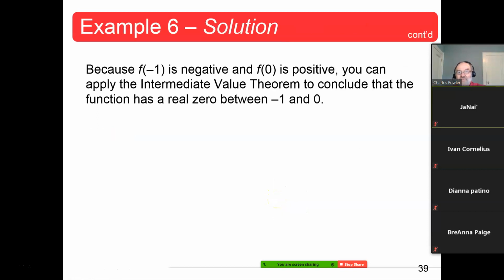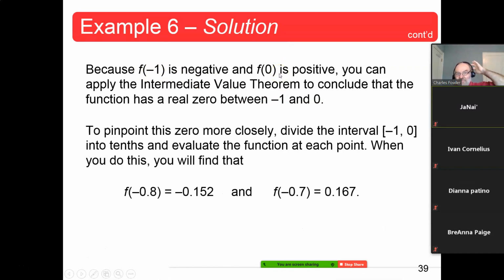Okay, so they chose, because f of -1 was negative and f of 0 is positive, you can apply the intermediate value theorem and conclude the function has a real 0 somewhere in between x equals -1 and x equals 0. They chose to pinpoint the 0 more closely, divide the interval between -1 and 0 into tenths, and evaluate the function at each point.